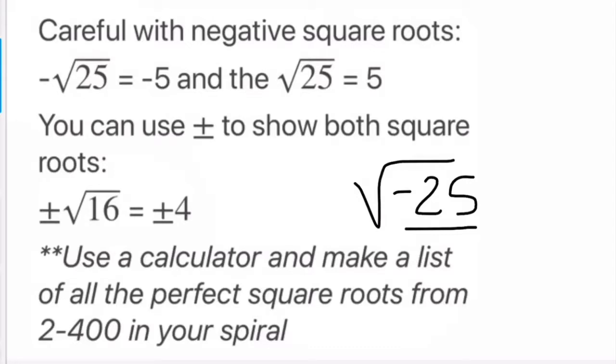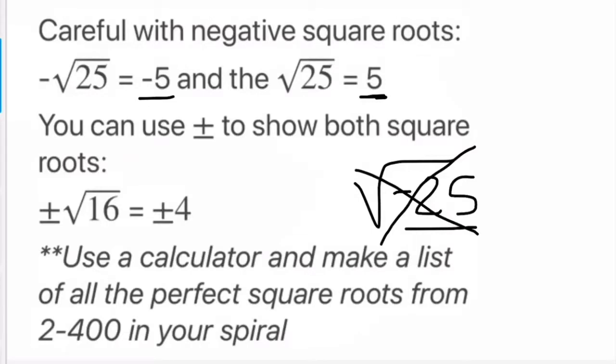This is impossible. So if you want your integer to be a negative answer, so if I want my answer to be -5, I don't put the negative inside. So if I find the square root of 25, my answer is 5. We know that. So how would I get the integer -5 if I can't put the negative inside? You have to put the negative outside of your radical sign.